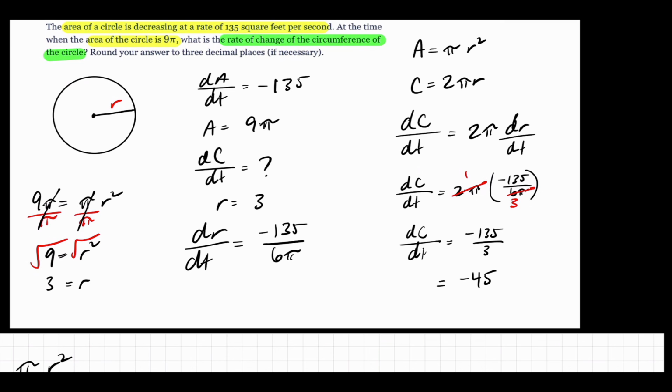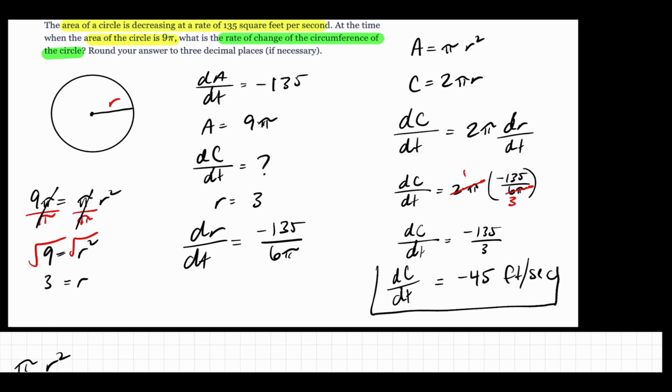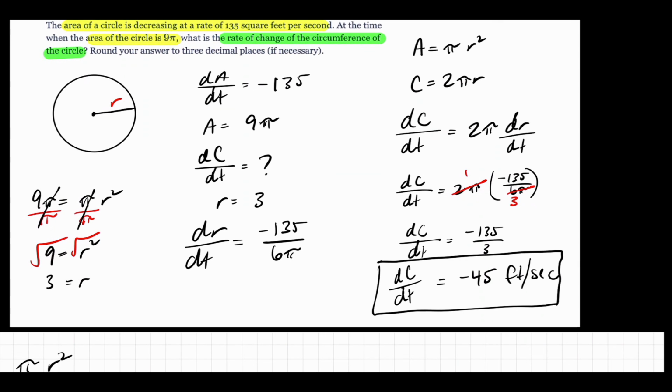What units does circumference get? Yeah, so circumference is a length. So it doesn't get squared or cubed. It's going to be feet per second. Circumference is a distance. It's a length.